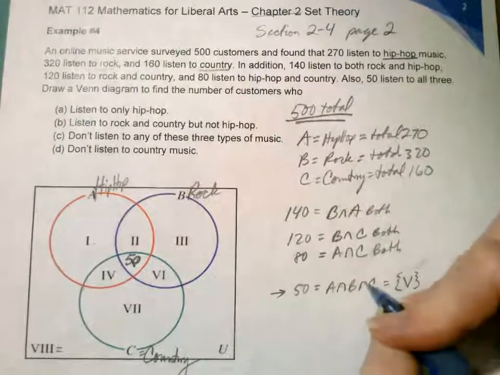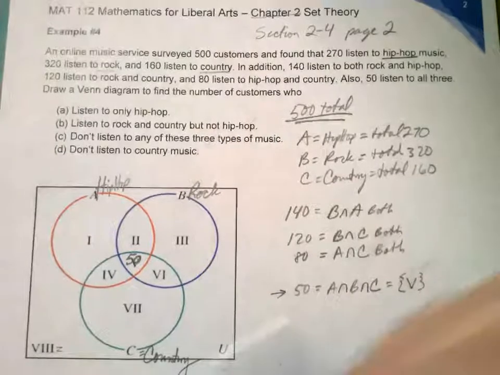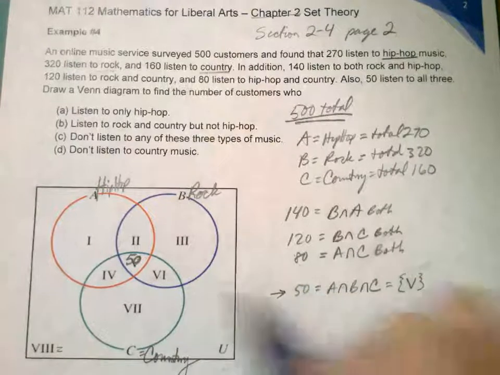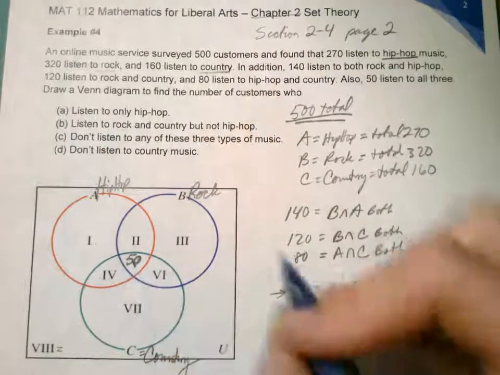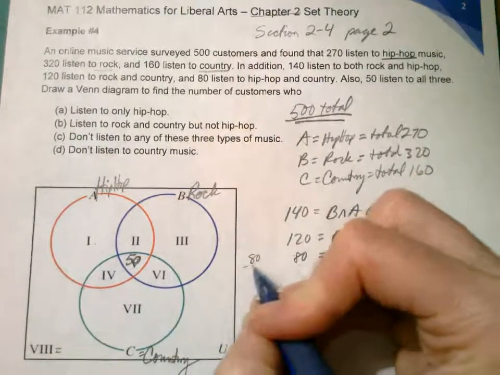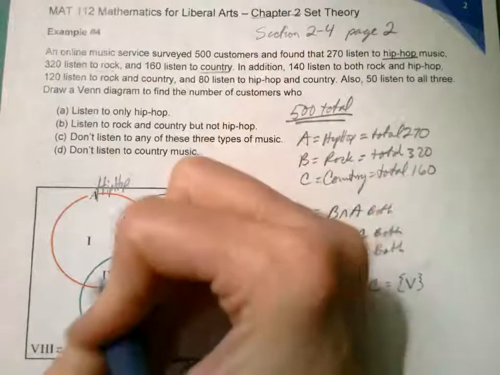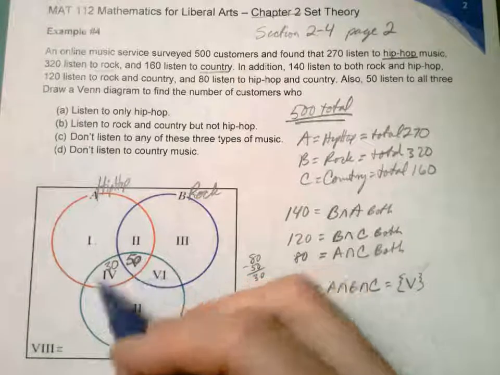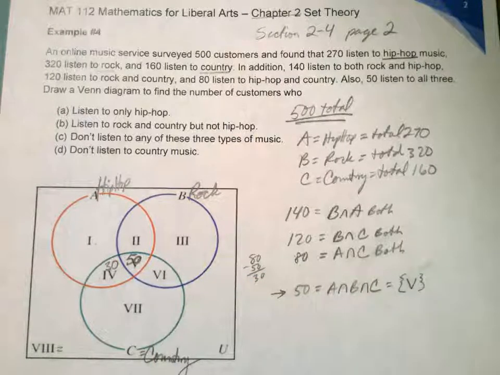Sorry, that's a U and that's a U. So the intersection of A and C has 80. 50 are already here, so 80 minus 50 is 30. Go there. And that way you have a total in that intersection spot for those 2 regions.